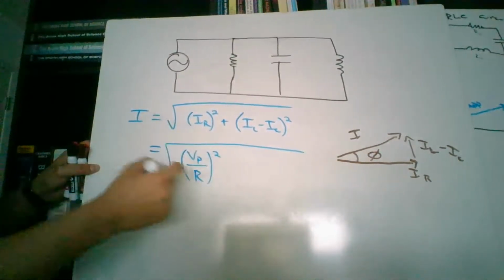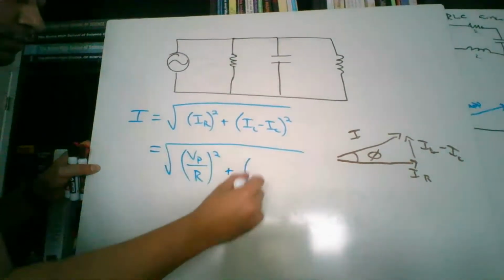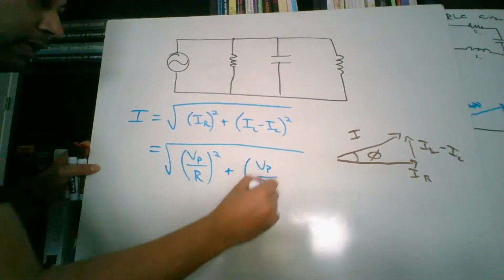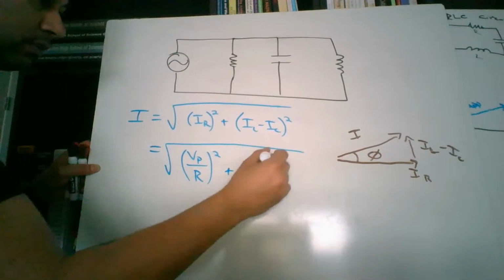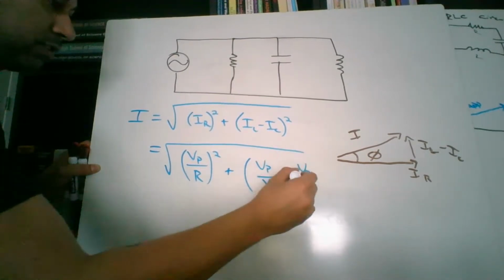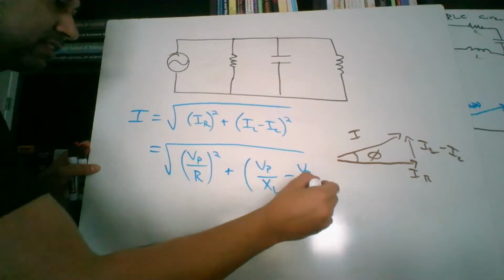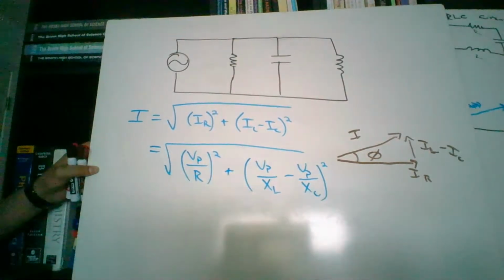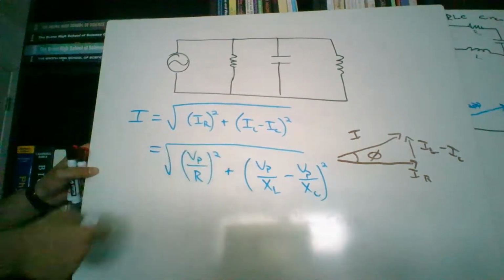So that's I of the resistor. And then over here we have the peak voltage divided by X_L, minus the peak voltage over X_C, squared, like so. And then the peak voltage here will come out.